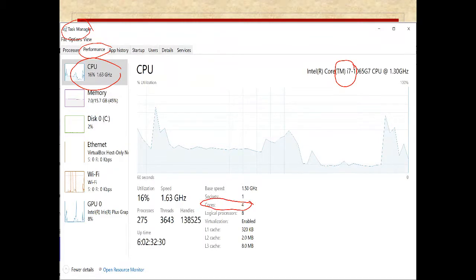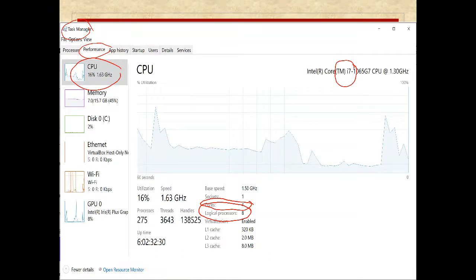So we know now that this is a multi-core CPU, and how will we know whether this machine supports multi-threading or not? It can be seen in the logical processors. If the number of logical processors is higher than the number of cores, it means that the CPU supports multi-threading.